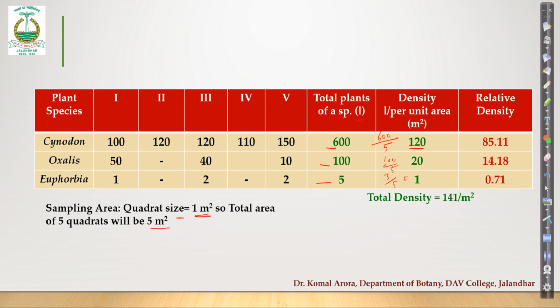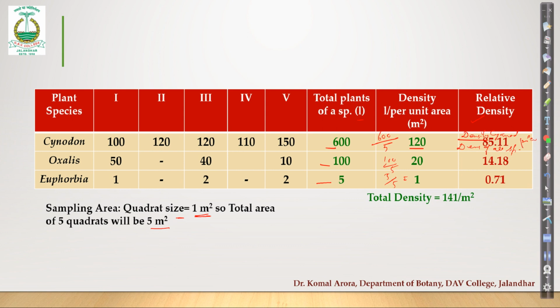Now, when you have to find out the relative density, we always determine it by comparing the densities of the various plants existing there. It will be the density of a particular species, let's suppose Cynodon, divided by the density of all species, into 100.